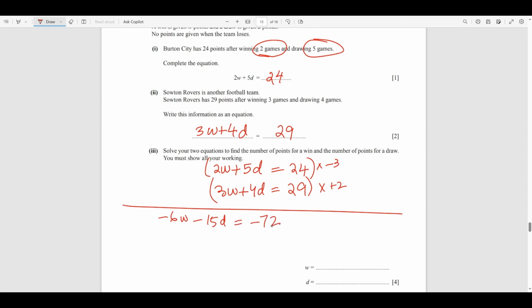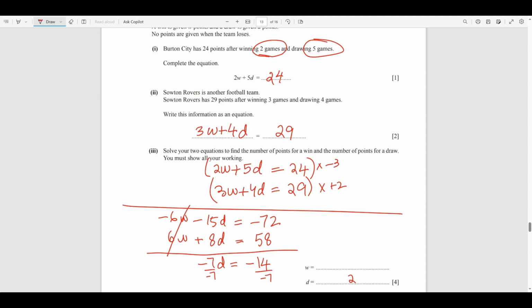And the second equation is 6W plus 8D equals 58. Adding the two equations eliminates the W. Negative 15 plus 8 is negative 7D equals 58 minus 72, which is negative 14. Dividing both sides by negative 7 gives me D is 2.